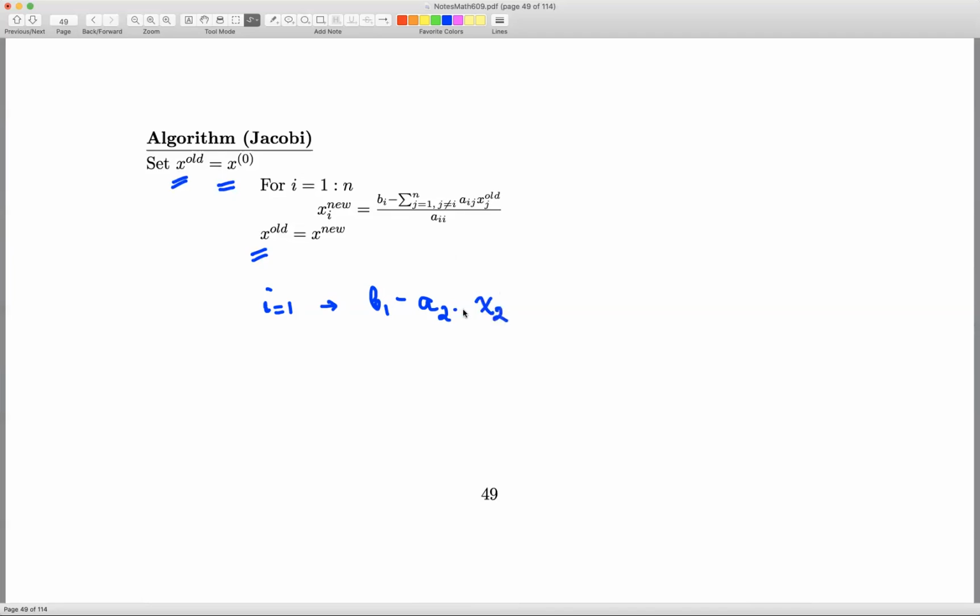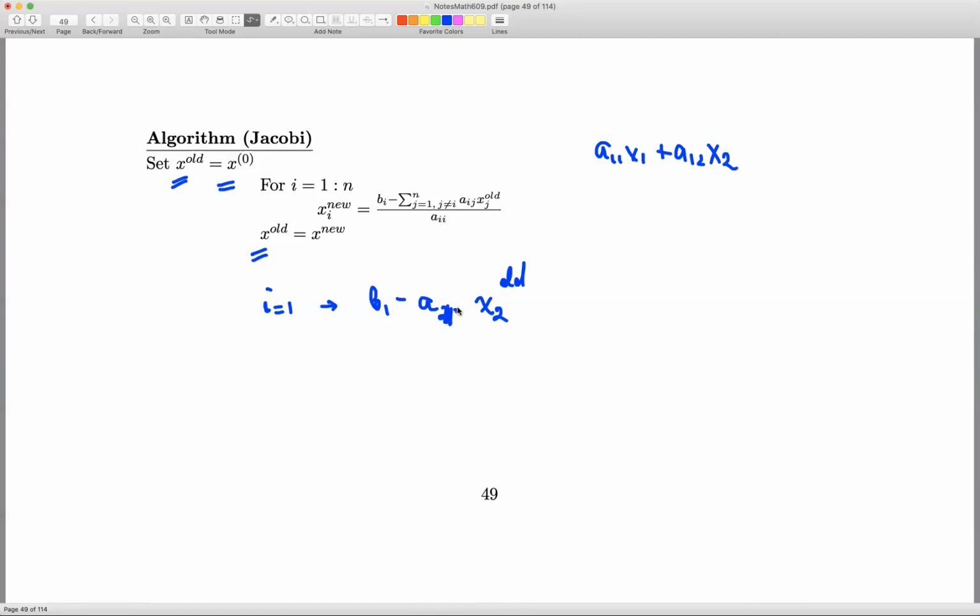x2 old times the component x2, a12 times the component a12. Let me see here, a11 x1, and then we will have plus a12 x2.